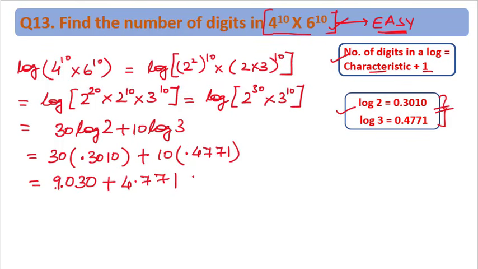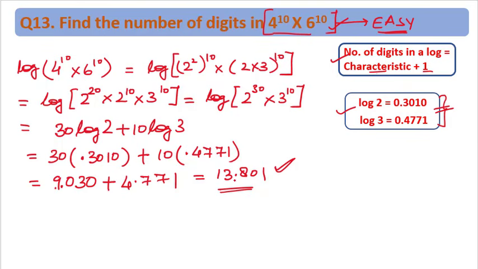Okay. So this is approximately 9.03 plus 4.771, which is 13.801. Check this, you can check it too. Okay, so this is the value of log of the number.